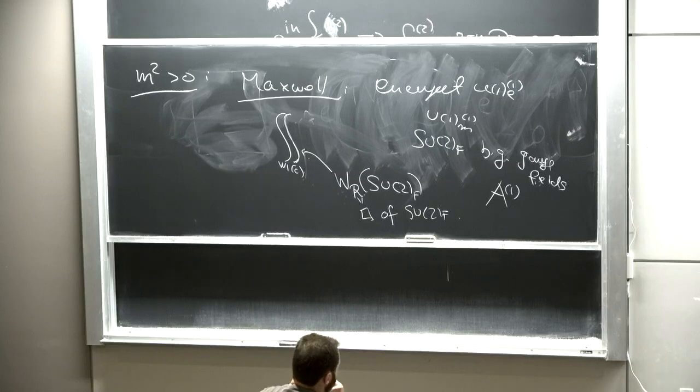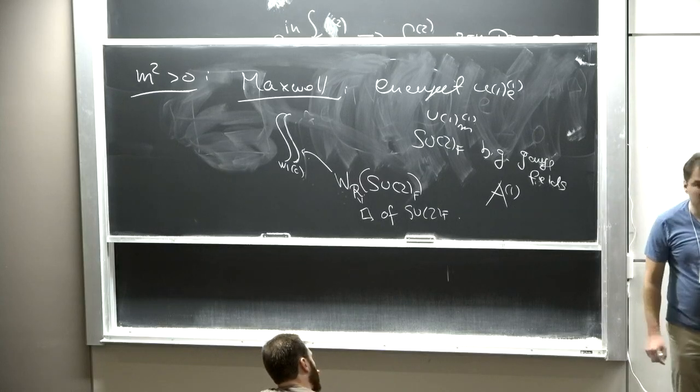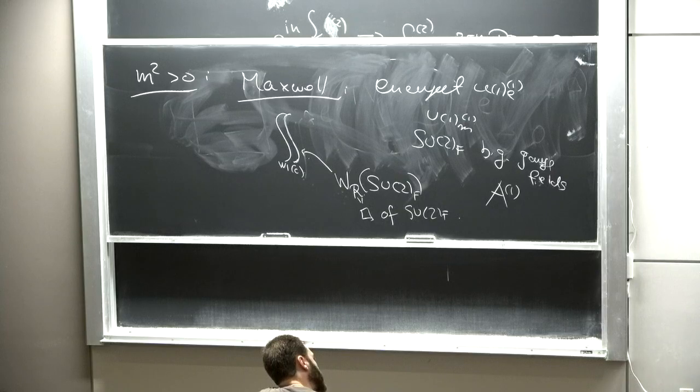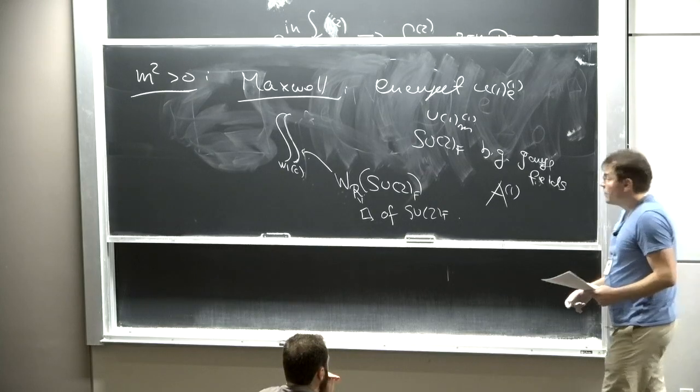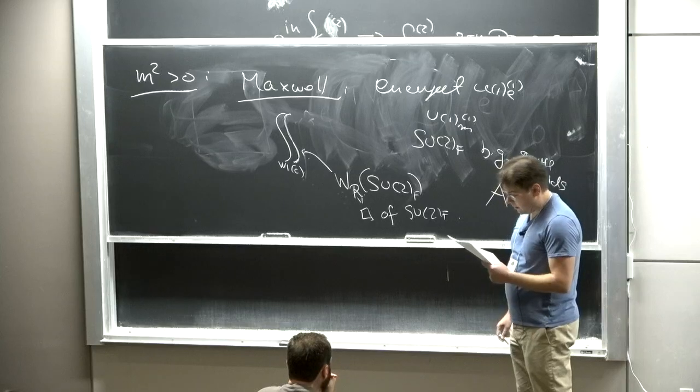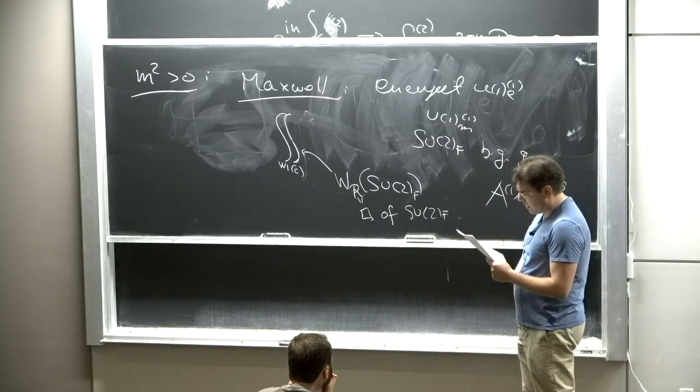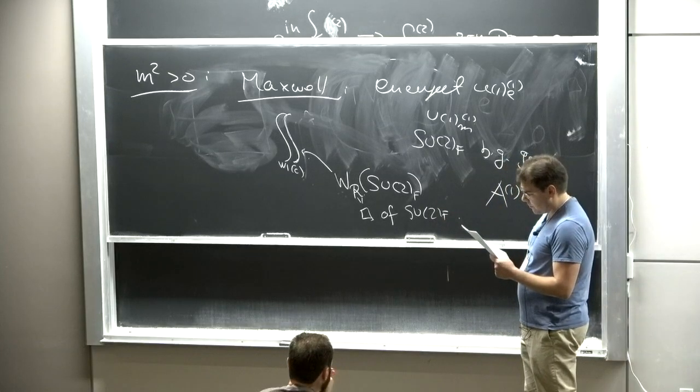But we had a more special situation, right? We did not have an electrically neutral field that was a doublet of SU2. We had a charge 1 field that was a doublet of SU2. Right? And that's what reduced the flavor symmetry from SU2 to SO3. So somehow we need to figure out how to upgrade this discussion to SO3.